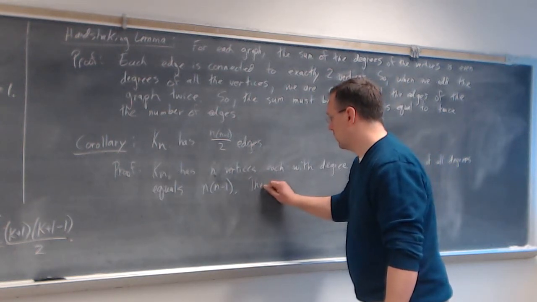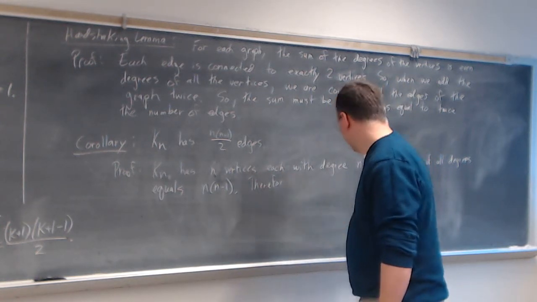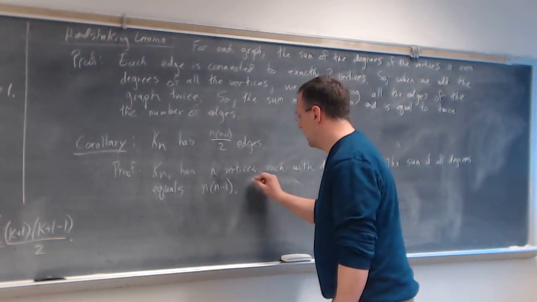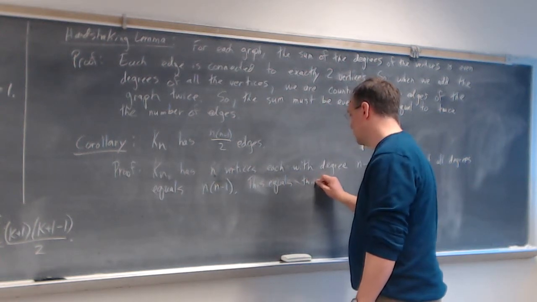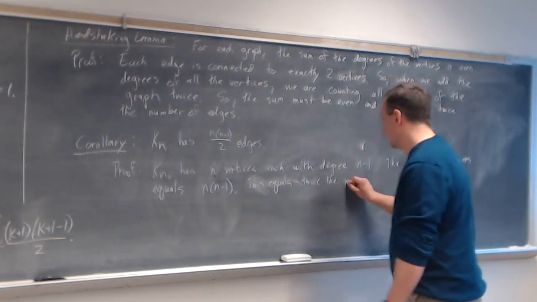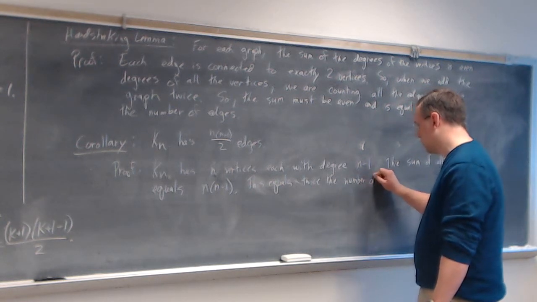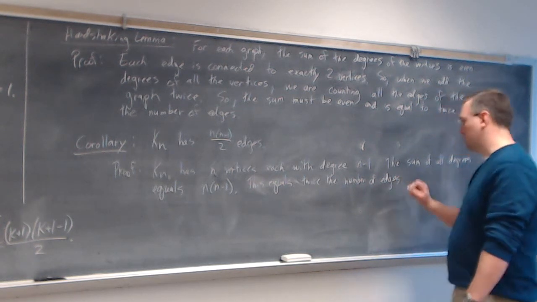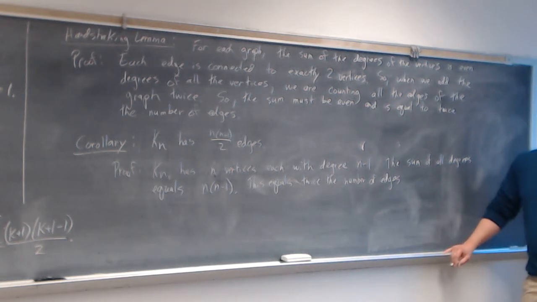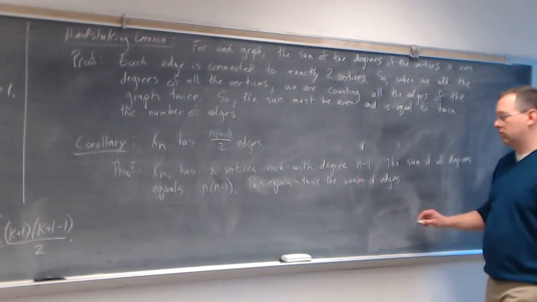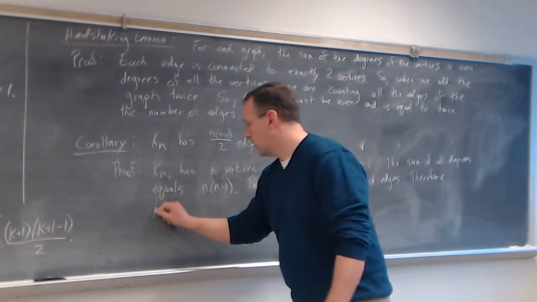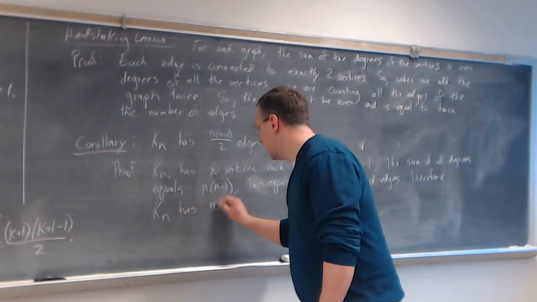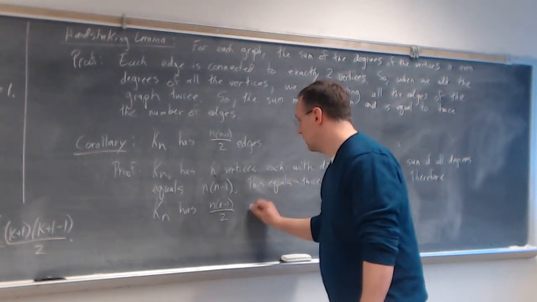Therefore, this equals twice the number of edges. So how many edges does it have? N times n minus 1 divided by 2. Therefore, Kn has n times n minus 1 over 2 edges.